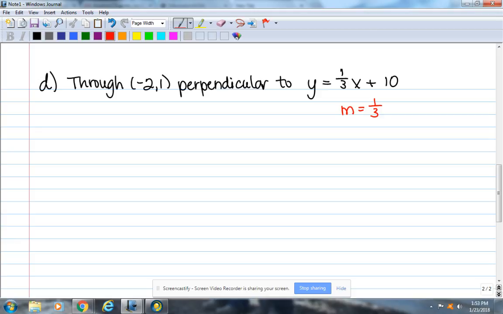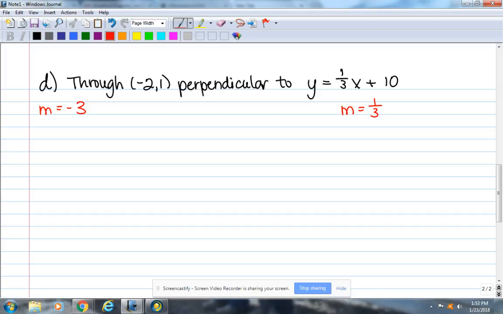So that means we flip it and change the sign. If we flip it, we get 3/1, which is +3, right? And then we change the sign, that makes it -3. So our slope will be -3. Does everybody understand that? Okay. Flip it and change the sign.